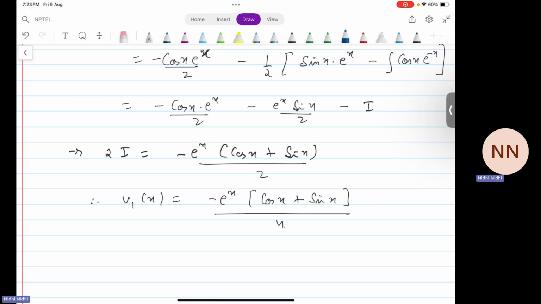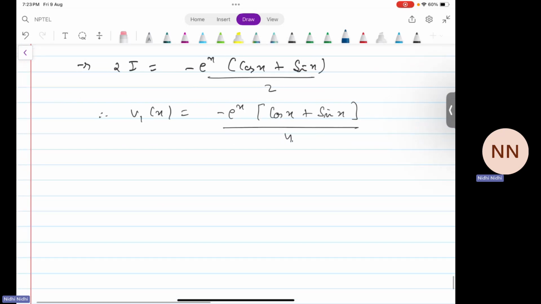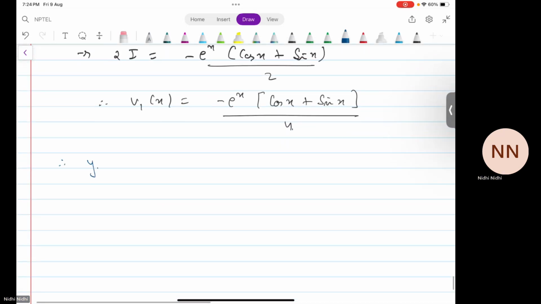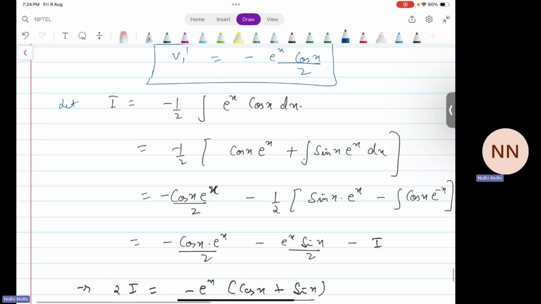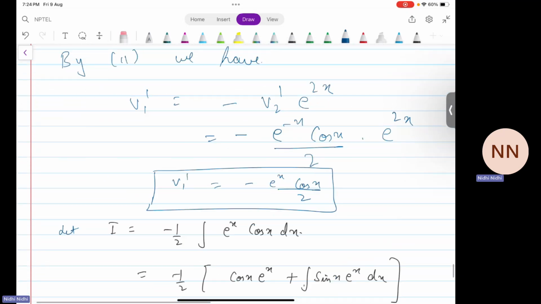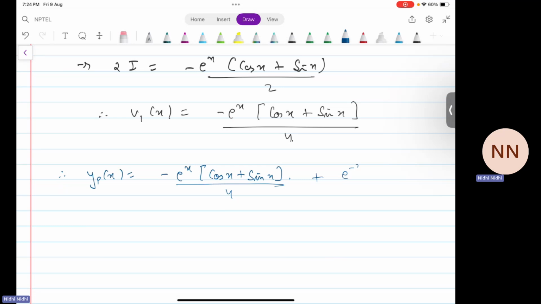Now putting the value of v1x and v2x in the definition of ypx, we get ypx is equal to minus e to the power x cos x plus sin x by 4 times y1, because y1 was 1, plus what was our v2? v2 is e power minus x sin x minus cos x by 4 times y2.